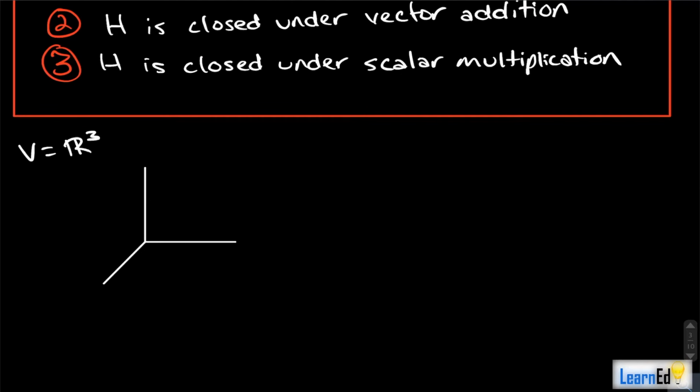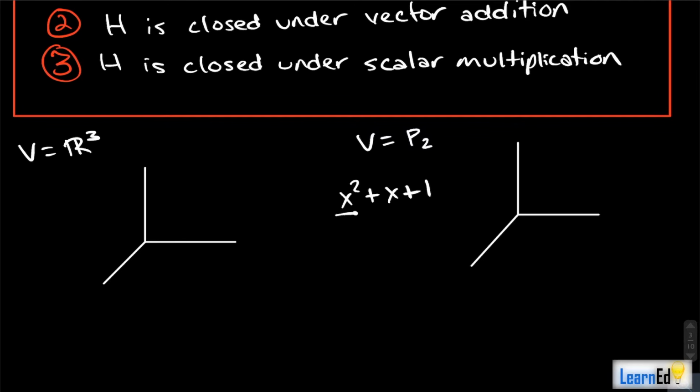Now, another example would be P2, polynomials, which would also be three-dimensional. This is polynomials up to degree 2, so we're talking about something like x squared plus x plus 1.